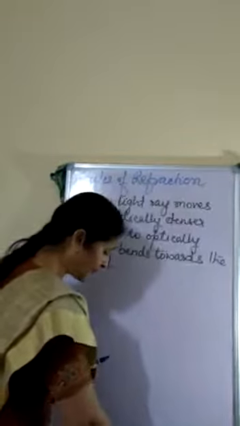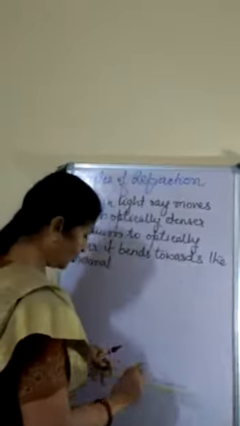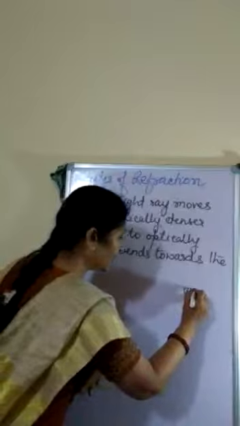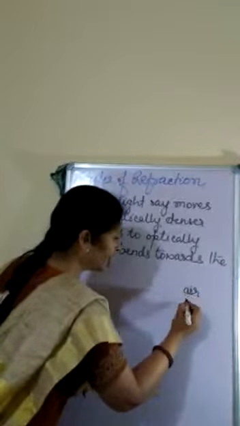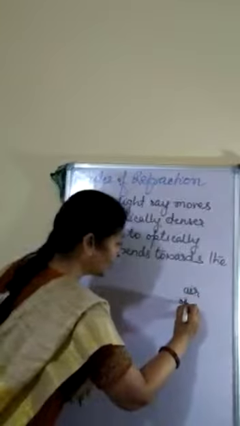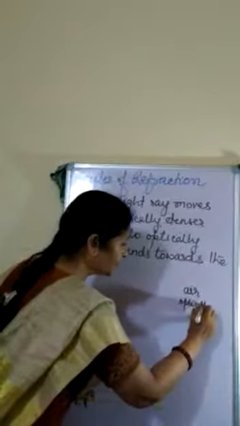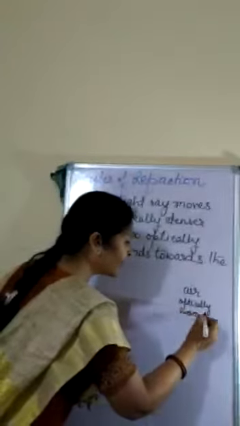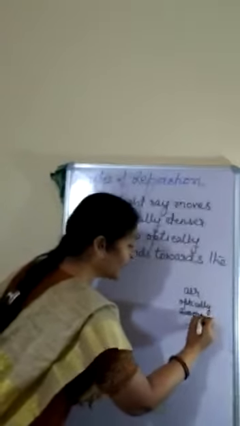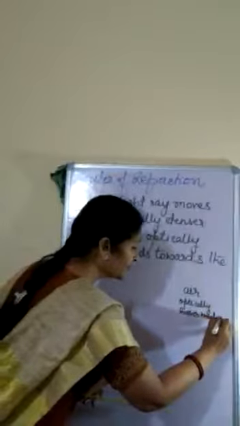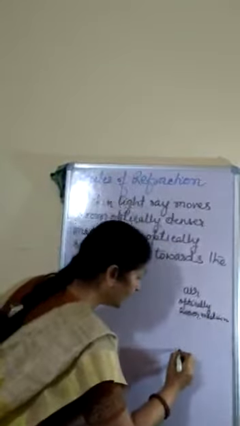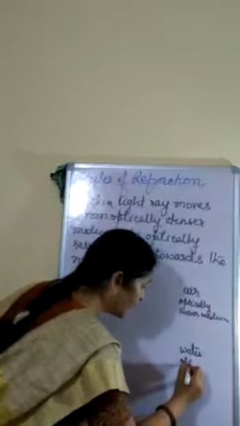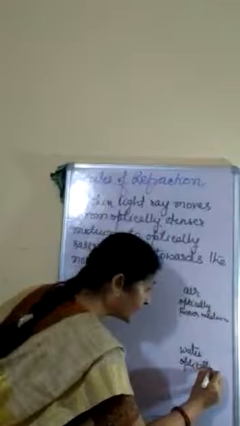Let us see. We will take two optical medium. One, generally we take air, that is optically rarer medium. We will write here optically rarer medium. If simply it is written rarer, means optically rarer medium. And another water, and this is optically denser medium.